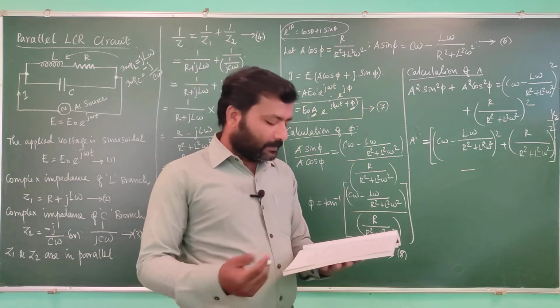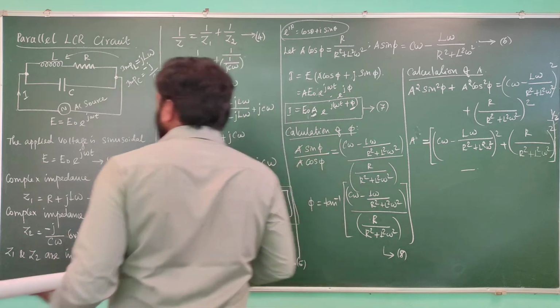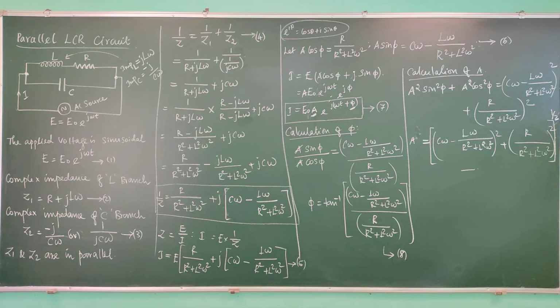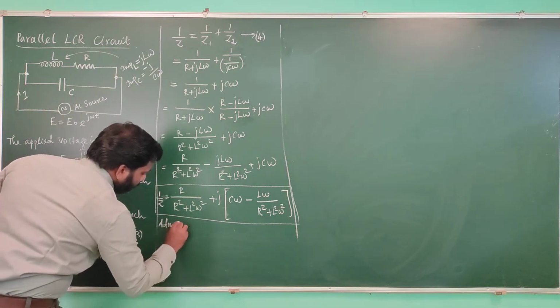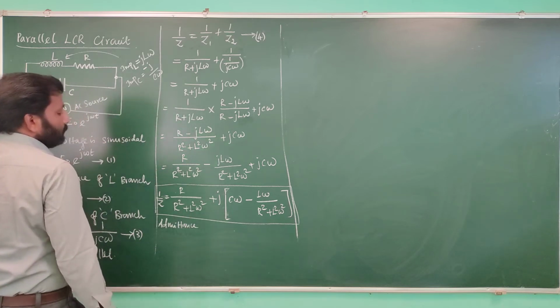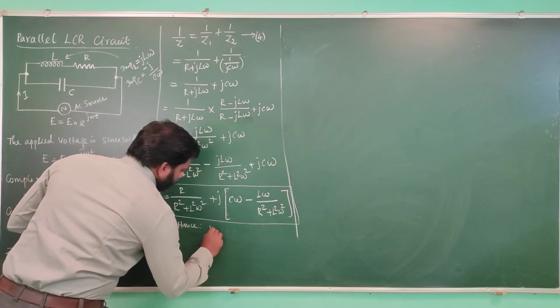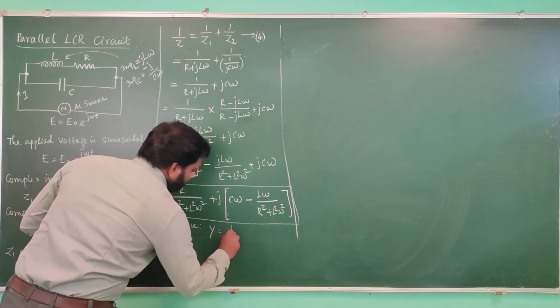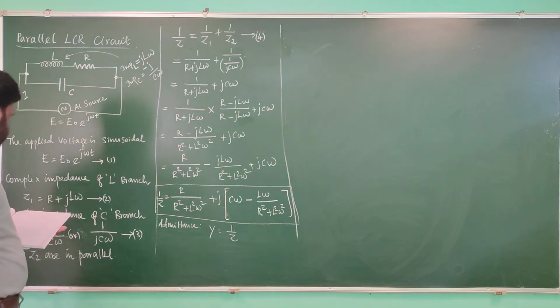So let us calculate the admittance of this circuit. Admittance, that you can write as Y, which is nothing but the reciprocal of impedance.